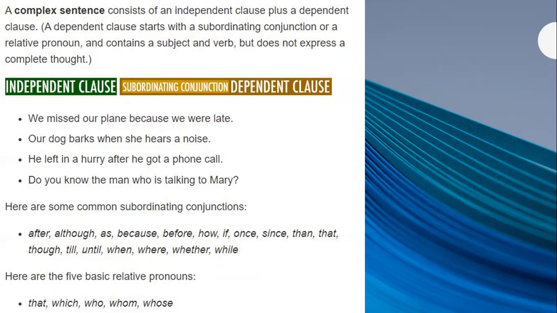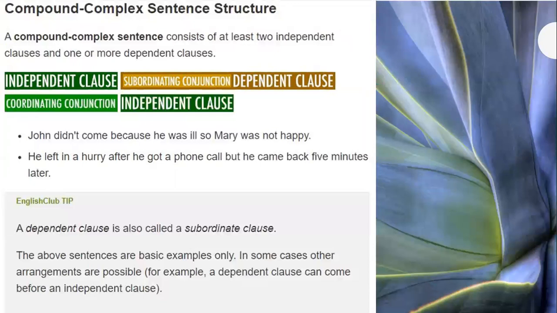So sometimes you can get away with it, but do not start a sentence with because. Although is one of those that are different. You don't start a sentence with because. Ever. I'll say that again. Do not ever start a sentence with because. Ever. Okay.